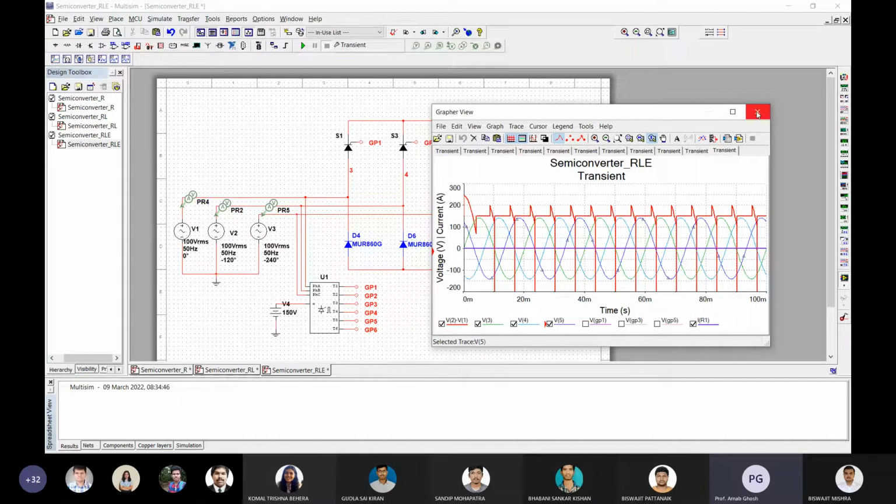That's really important to compare all those controlled converters: which one should be suitable for semi-converter, converter, single phase, three phase, from the point of view of efficiency and utilization factor. You getting my point? Yes, sir. Okay, good.